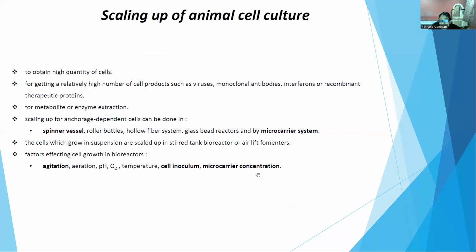Scaling up of animal cell culture is basically to obtain a high quantity of cells and to get a relatively high number of cell products such as viruses, monoclonal antibodies, interferons, or recombinant therapeutic proteins. It is basically for metabolite or enzyme extraction. So the scaling up of anchorage-dependent cells can be done in spinner vessels, roller bottles, hollow fiber systems, glass bead reactors, and also by microcarrier system.